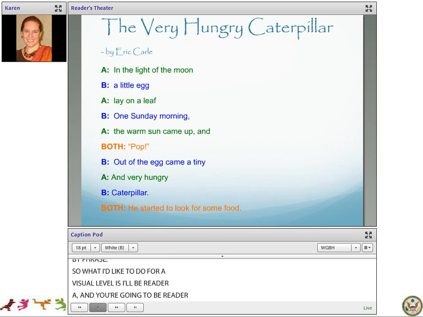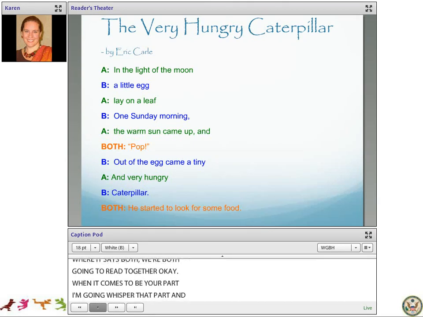That's a color coding of a script that makes it easier to read the script aloud. So you are the blue, the B part. And when you see in orange the word both, we are both going to read together. Okay? When it comes to your part, I'm going to whisper that part, and you're going to read it out loud. Here we go.